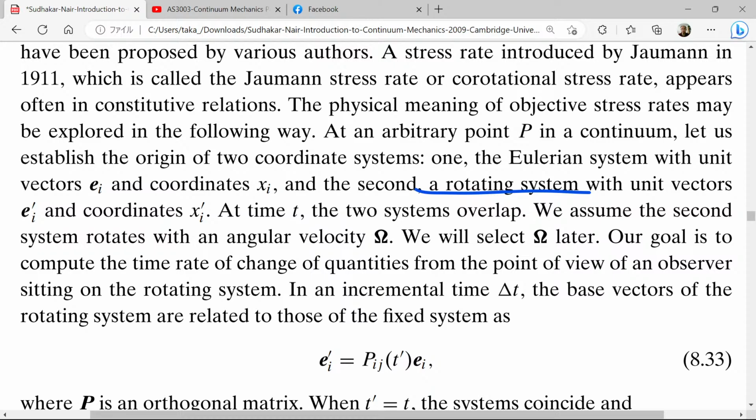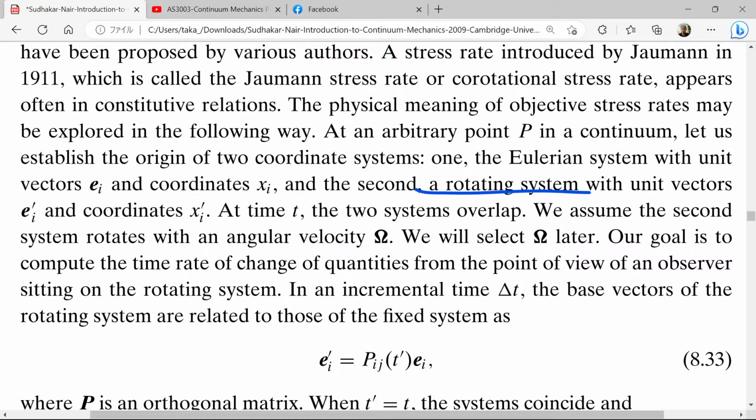The two systems overlap. We assume the second system rotates with an angular velocity omega. We will select omega later. Our goal is to compute the time rate of change of quantities from the point of view of an observer sitting on the rotating system.